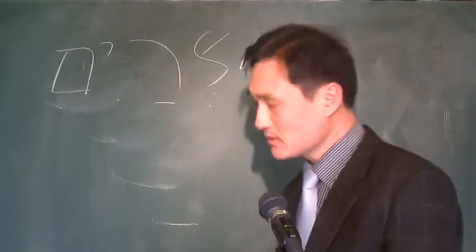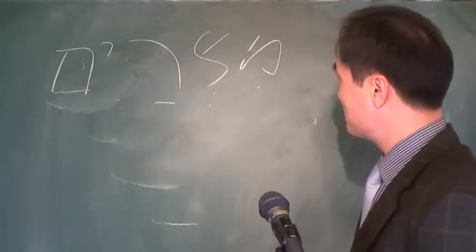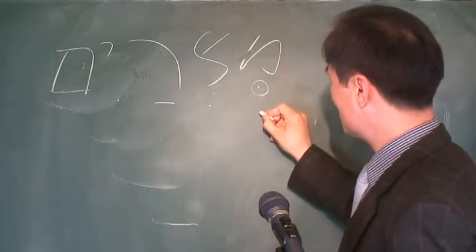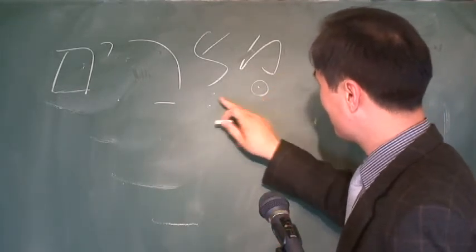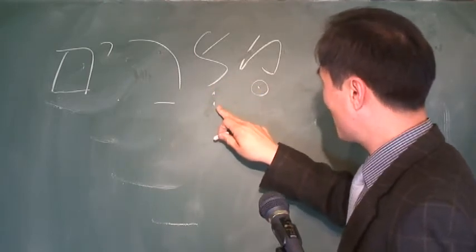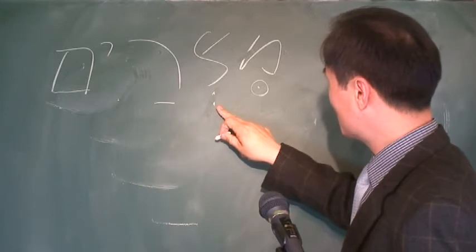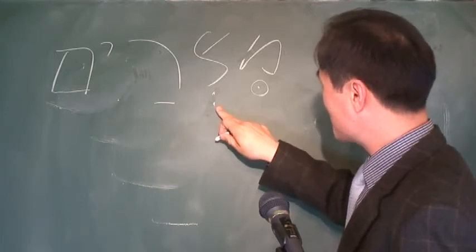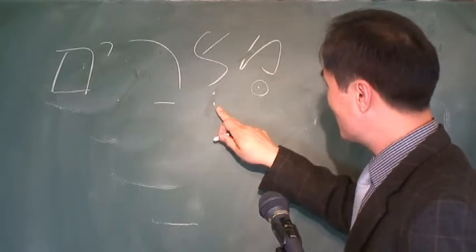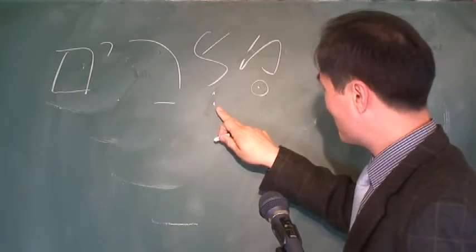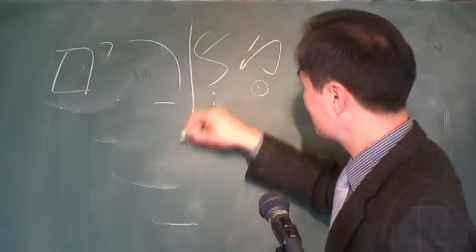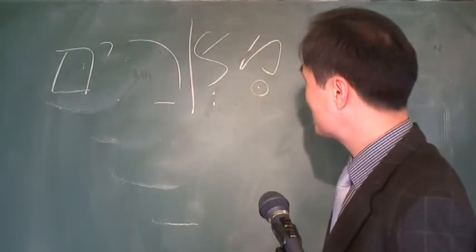Let's look at the vowels here. Please read along. Mitzrayim. Hirek makes the E sound. There is a shewa here. Shewa is not pronounced. We will study how to separate them when we study syllables.